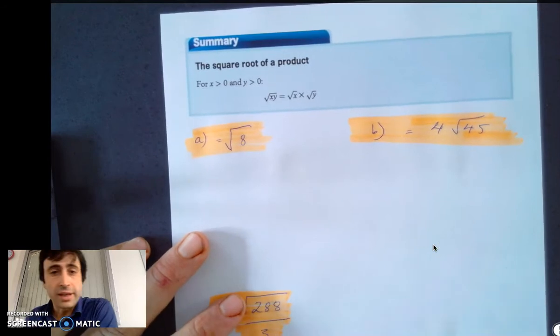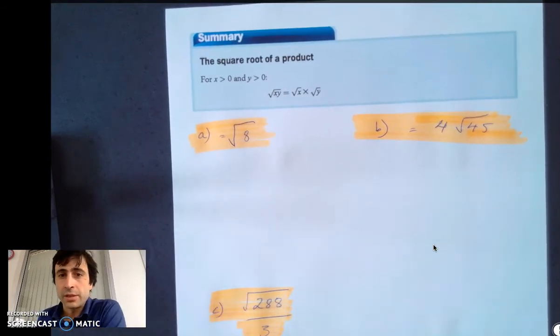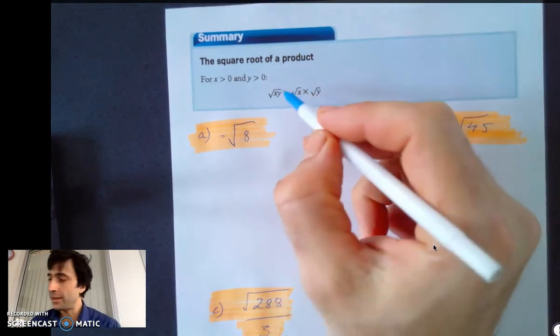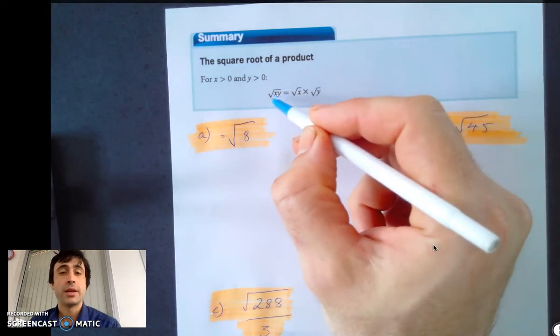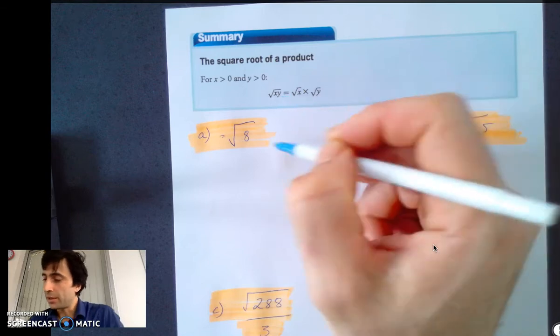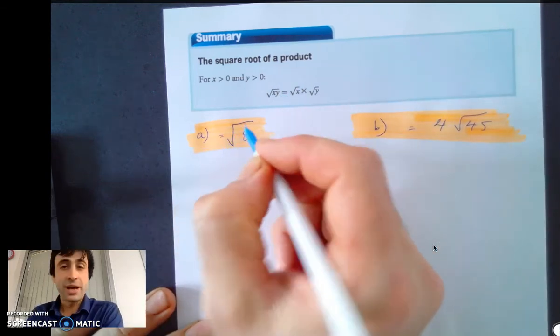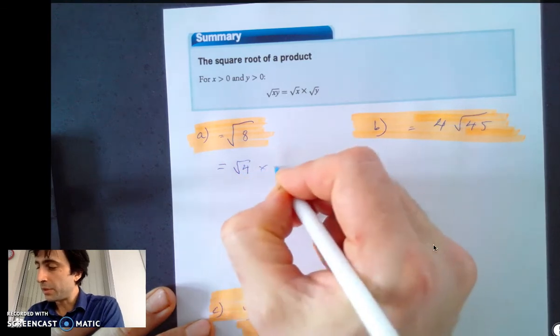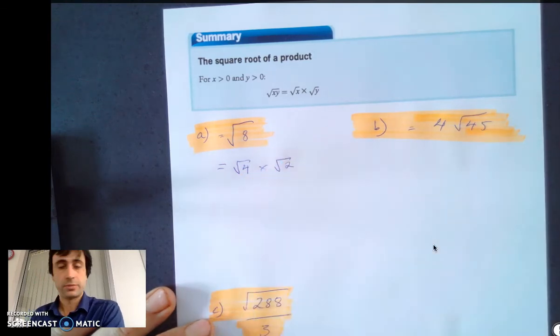Okie dokie, sorry for the edit. Our next rule here is the square root of a product. And what we see is that any square root, you can actually break up into its products. In other words, in this case, root 8 is the same as saying root 4 times root 2.